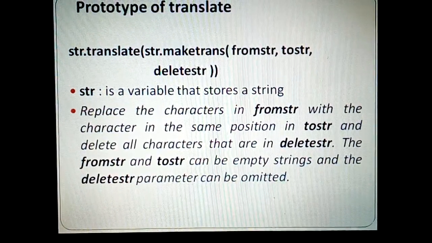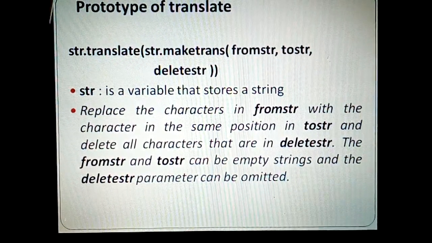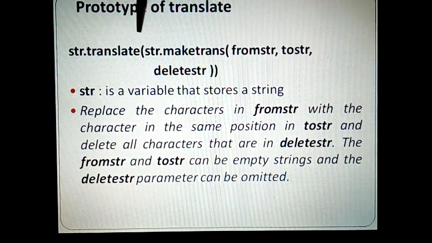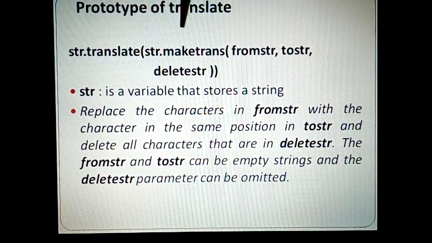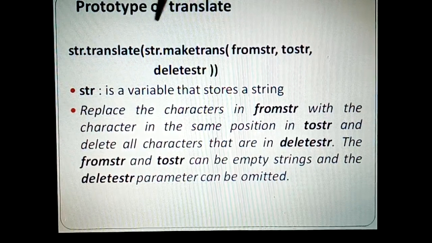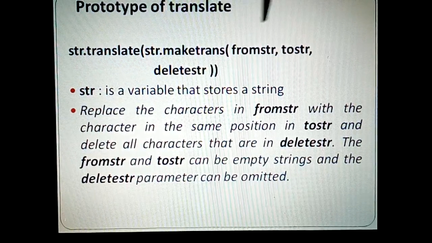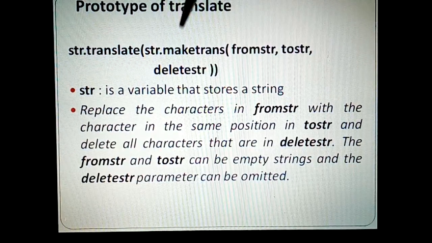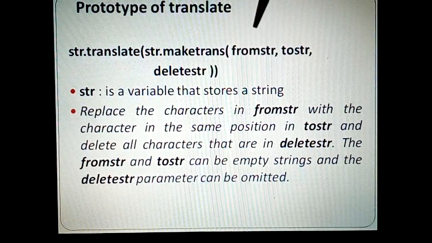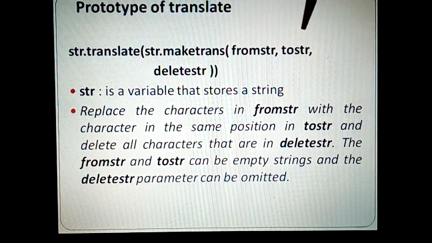We have a prototype of this: the string which needs to be processed is called with translate, and it is followed by another function called inside the bracket, str.maketrans, which has three arguments: from, to and delete. The from part says that it replaces all the characters specified in from with the corresponding characters in the to part.